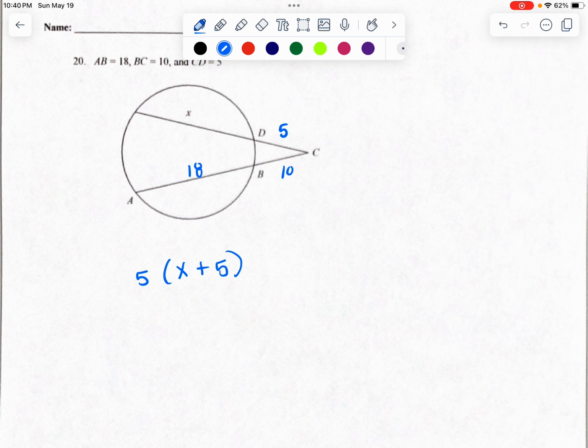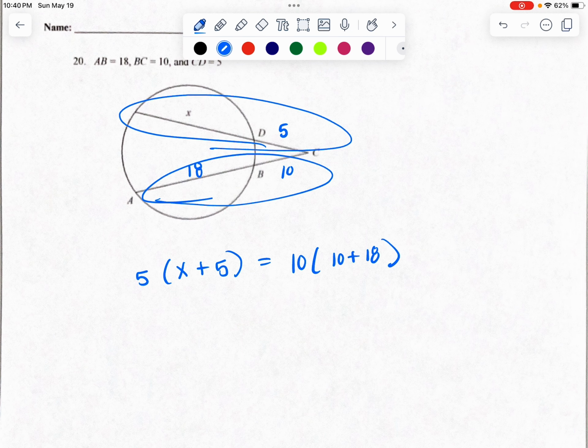So I do have to add those together. And the same thing on the bottom, the outside portion times the entire segment. Right, 10 and 18, 5 and x. And then I got to work it out. It's a little bit of algebra. 5x plus 25 using the distributive property. And then 10 times 28, of course, is 280.